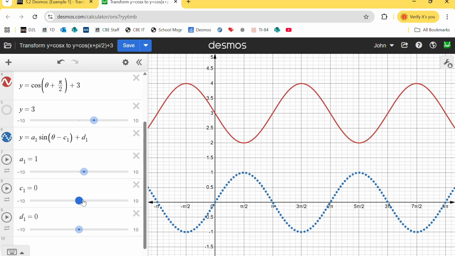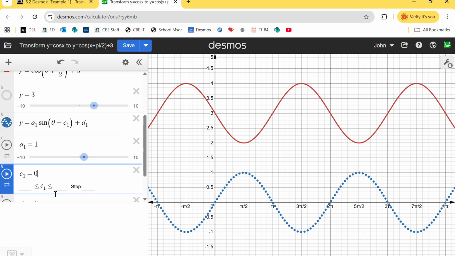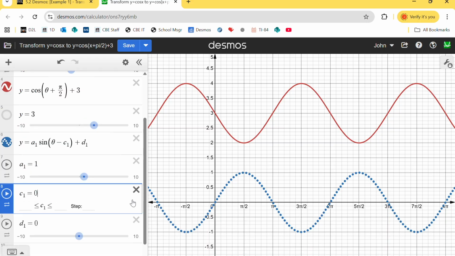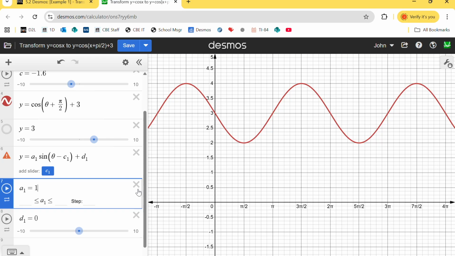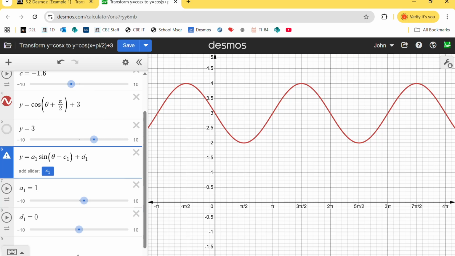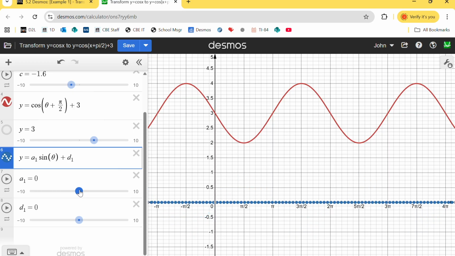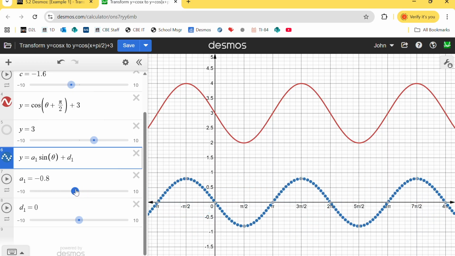Remember the other way I said I'm not going to touch the horizontal phase shift. So I'm not going to do anything with phase shift, so there's no phase shift to be done, so that's just 0. Let's leave it as is. That's still our original sine function. Remember I said we're going to reflect the graph y equals sine of x in the x-axis. So I'm going to go to -1, and that is what it looks like.